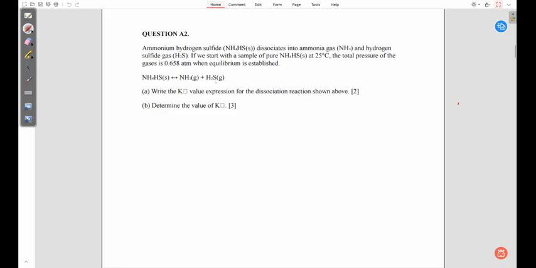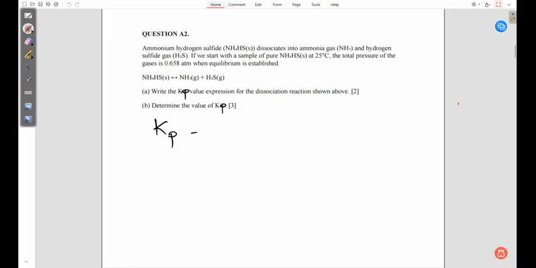Write the Kp value expression for the dissociation shown above. So you're writing the K expression based on that reaction. So what do you do? What you basically do in such a case is this. Any K expression is in terms of the products over the reactants.